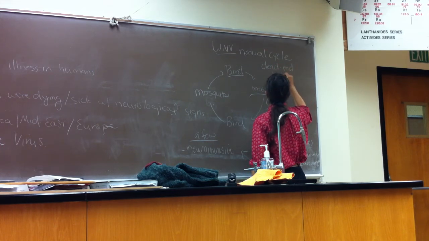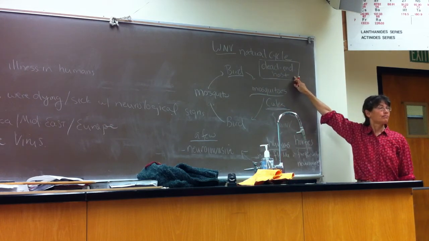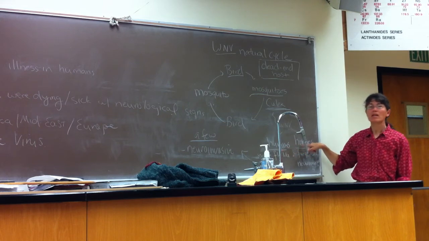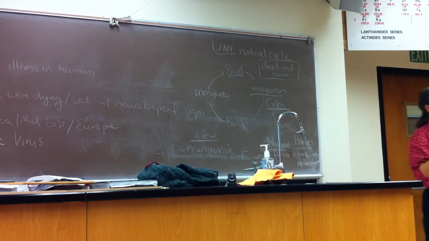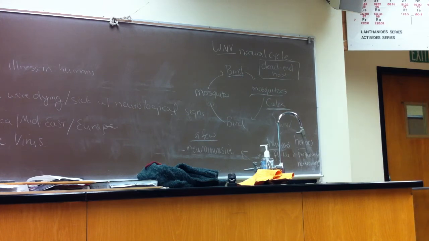A dead-end host means, from the pathogen's perspective, you're going to die with that host. And the reason is that in humans and horses, the virus numbers in human blood and horse blood never get high enough to infect what vector? Mosquitoes, right?